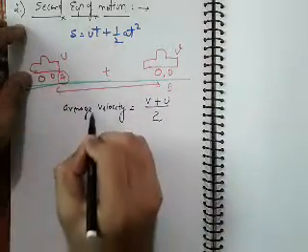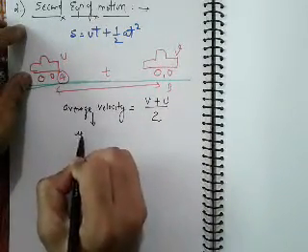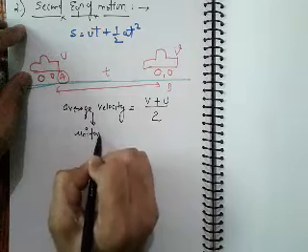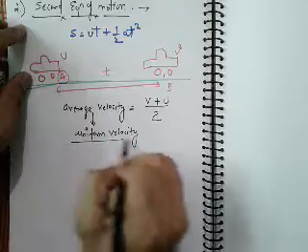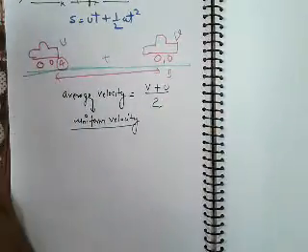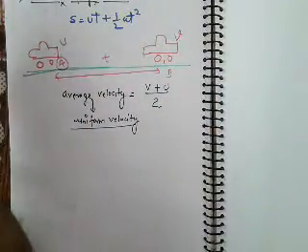Okay, since the average velocity is always uniform velocity, we can apply a basic formula: velocity is equal to displacement upon time.